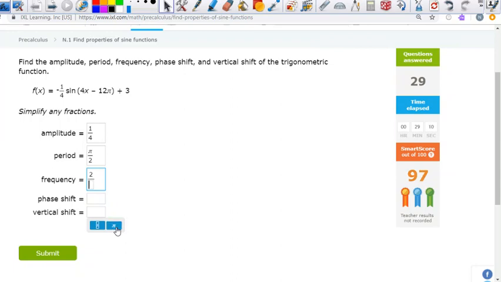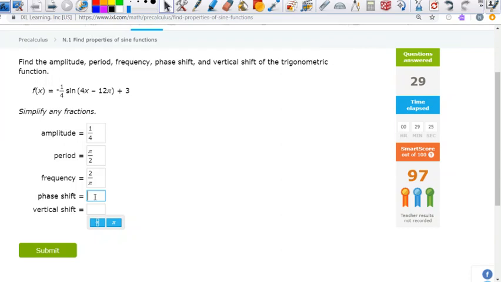Phase shift is going to be negative 12 pi divided by 4. It's going to be 3 pi. And then switch the sign, so it's going to be from negative 12 pi to positive 12 pi. 12 pi divided by 4 is 3 pi. Vertical shift is +3.